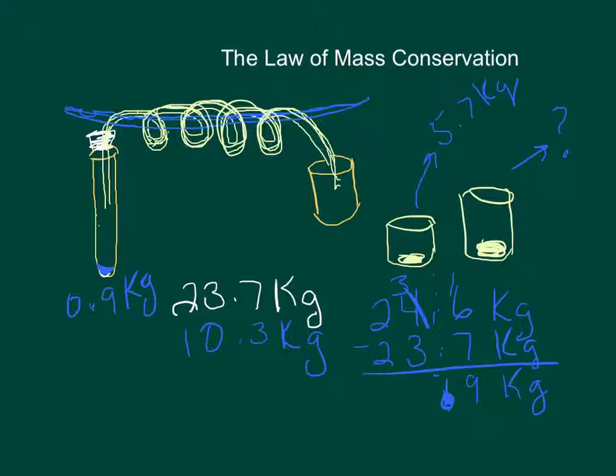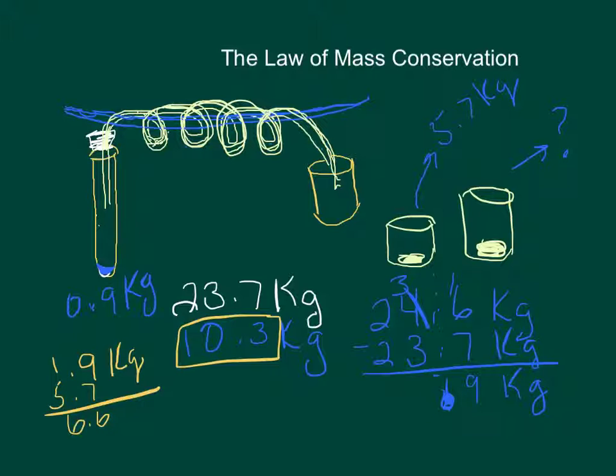So I know I started with this 10.3, and right now I have 0.9 and 5.7. So I'm going to add that up. 6.6 kilograms. All I have to do to figure out how much is in my last beaker is to go ahead and subtract it.